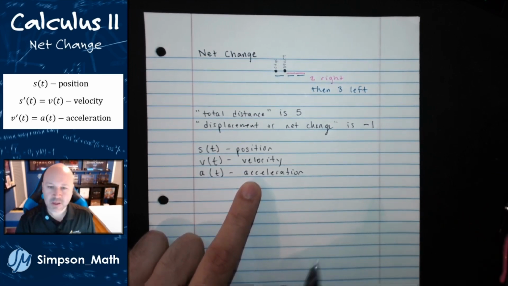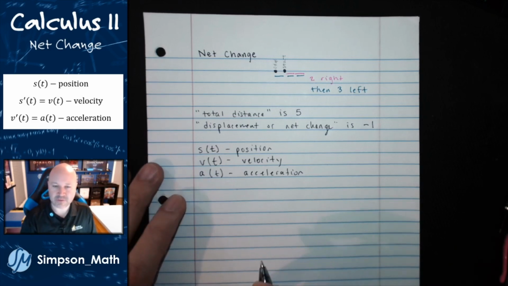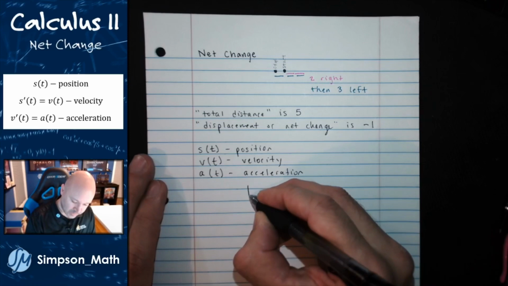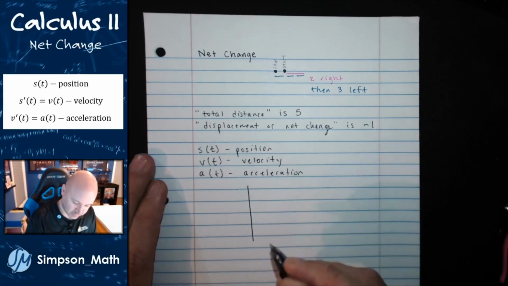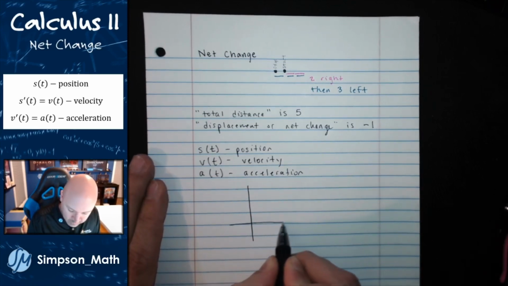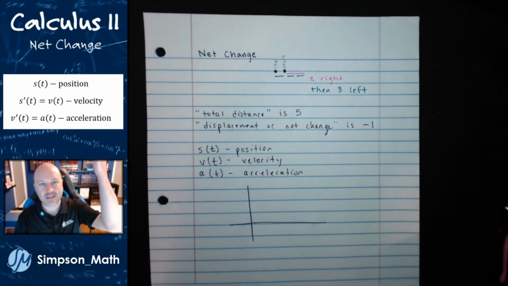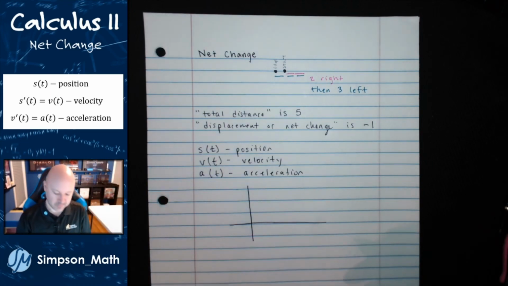All right, so let me draw a little picture up here of some position function and maybe its velocity function. We did this previously. Let's say I have a ball 1 meter above the ground and I throw it up and then it comes back down and I'll let it hit the ground.